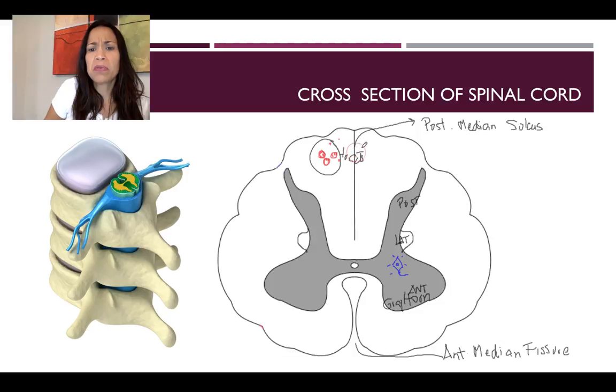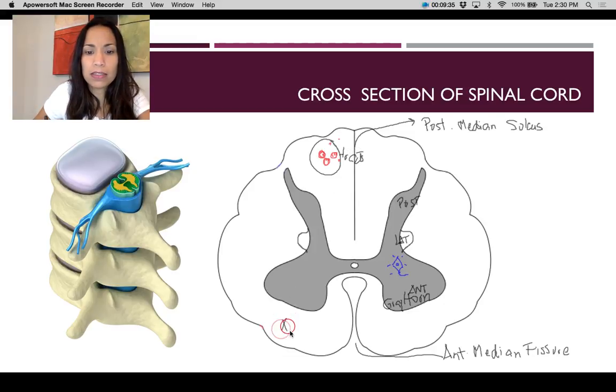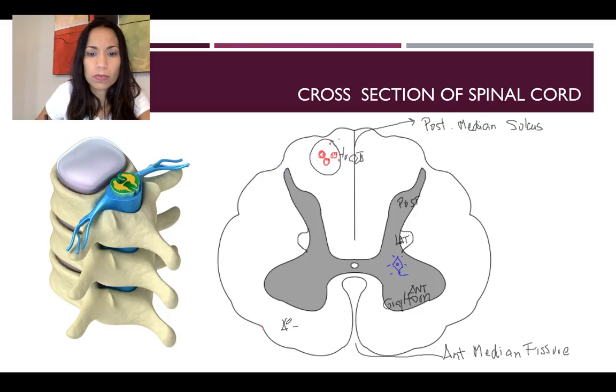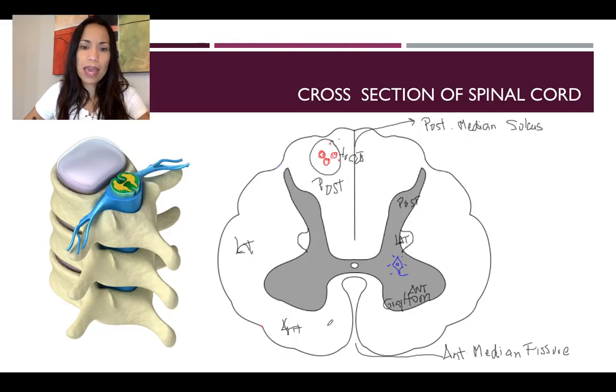We can call them tracts, or columns, or funiculi, another name. So this is the anterior, the lateral, and the posterior white column or white funiculus. Done with that. We described and labeled the gray and the white matter of the spinal cord.